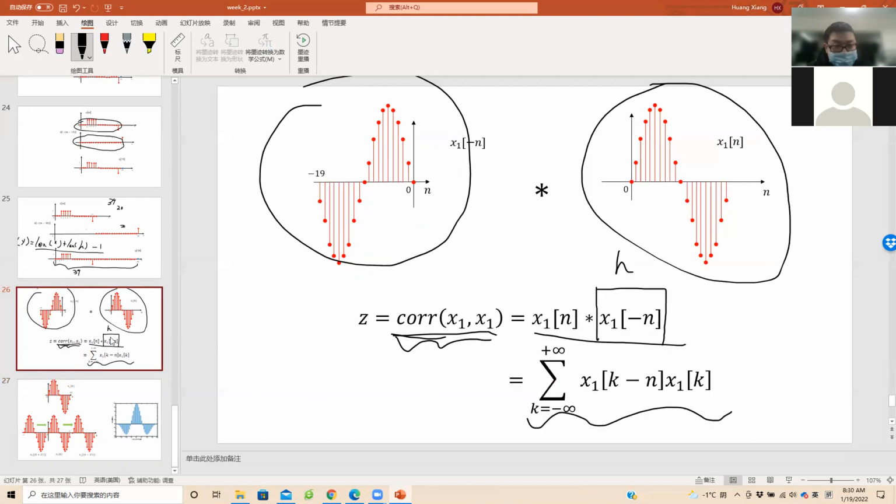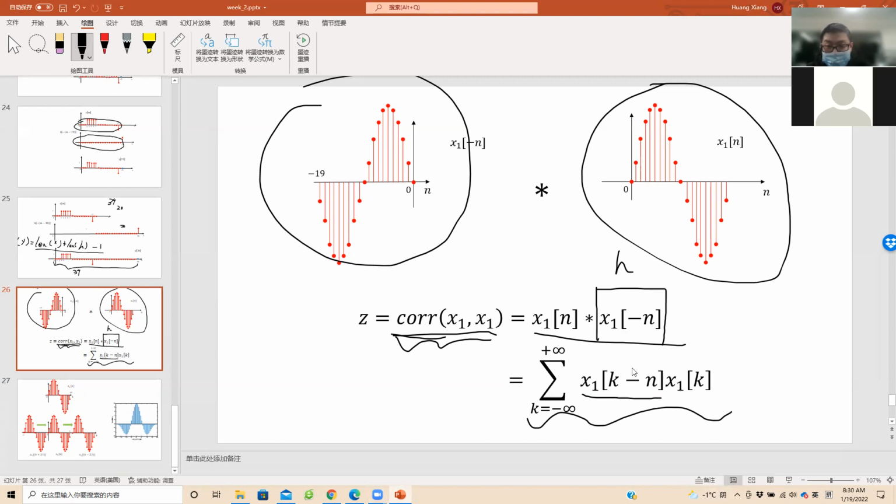According to this equation, you can see we still use the 3 steps of convolution. Firstly, we should generate the signal x1 of k minus n.